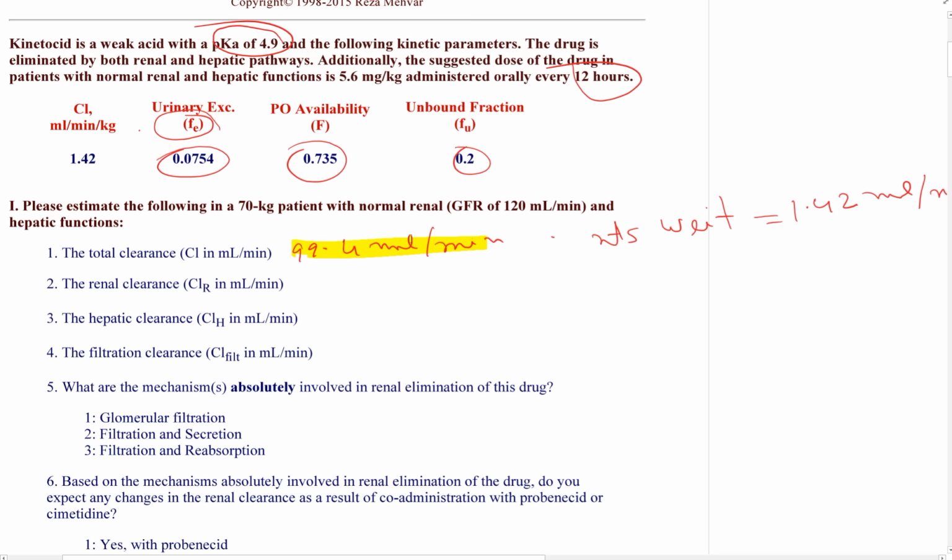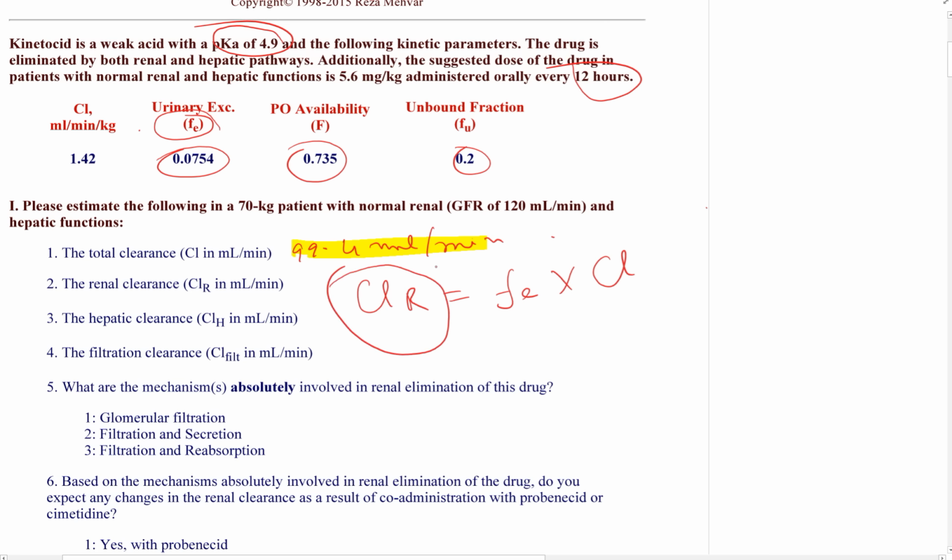And then renal clearance. If you remember, CLR, the total renal clearance, will be Fe, the fraction excreted in the urine, multiplied by total clearance. Just for clarification, this CLR is the total renal clearance, which involves filtration plus secretion minus reabsorption.